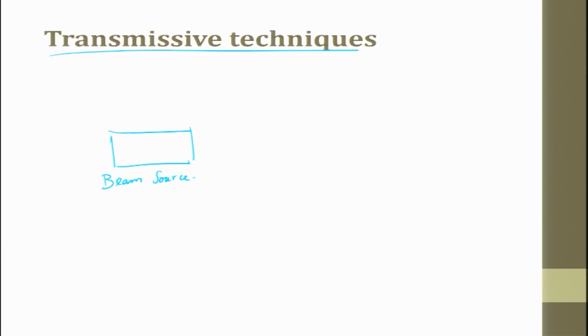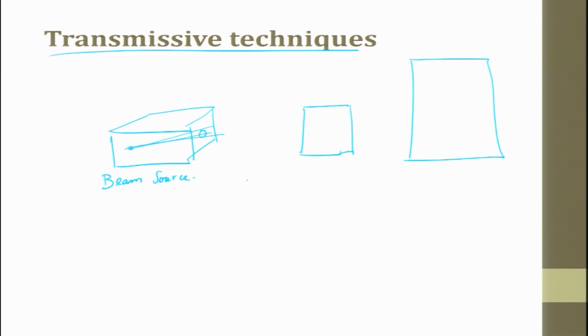Through this you will have the ray going out, and then you will have the object, and then you will have a detector. So, this is the beam which tries to hit the object. The object can be any 3D object, and it can be rotated. Here is a detector.